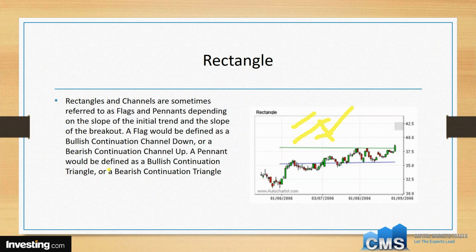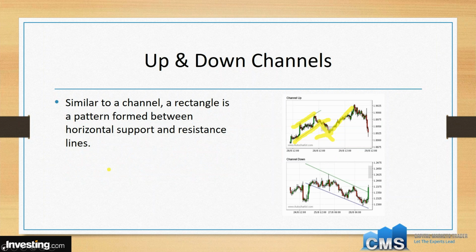A flag would be defined as a bullish continuation channel down or a bearish continuation channel up. So if you have a channel moving up, then it's a bullish channel. If you have a bearish channel, it's a channel moving down. So it's pretty easy to see.